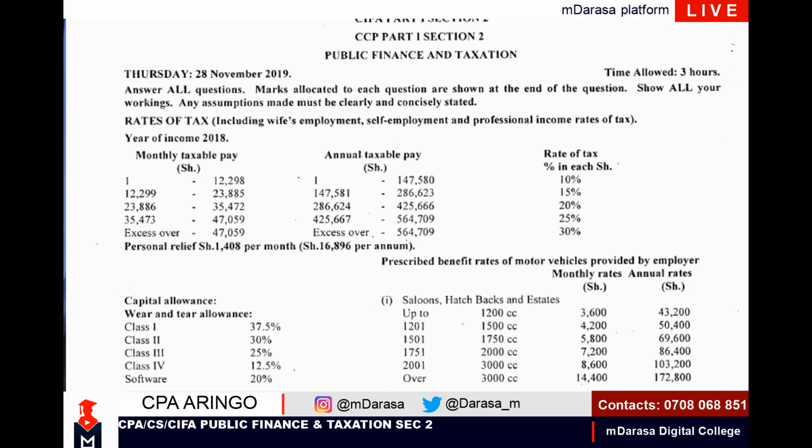Then excess over 564,709, you're given 30%. So that is what we have there, the annual scale.